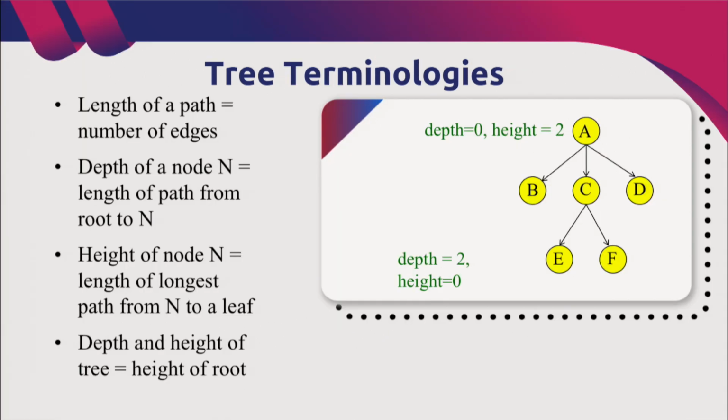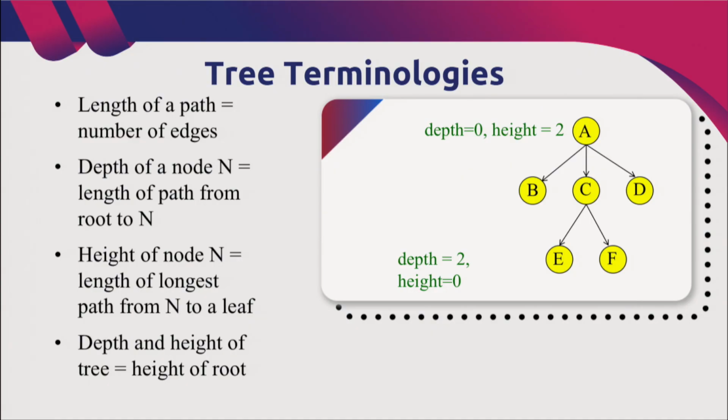So, here in this slide you have some other terminologies associated with trees, and you have certain definitions like: the length of a path is always equal to the number of edges that make up that path, and the depth of a specific node, say n, is the length of the path from the root to n. I hope you remember by this time that whenever we are asked to find the depth, it should be calculated from the root, and height should be calculated from the leaf node.